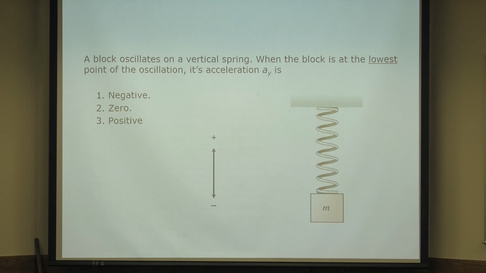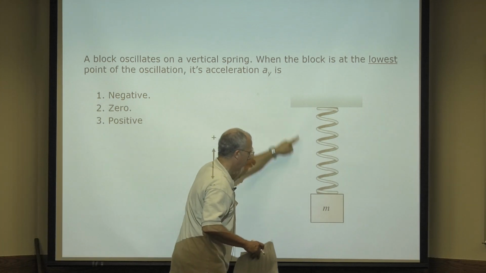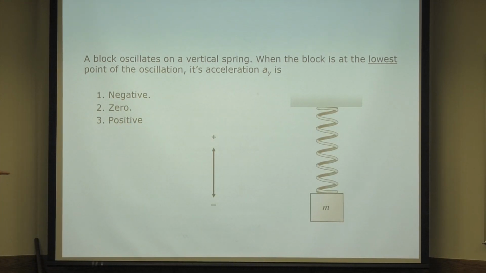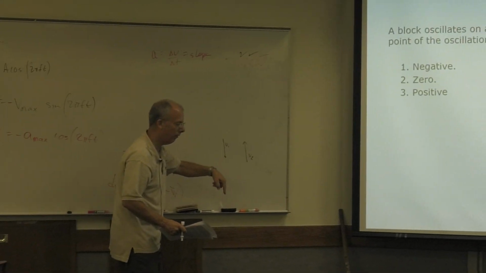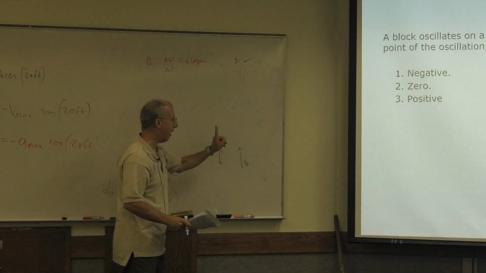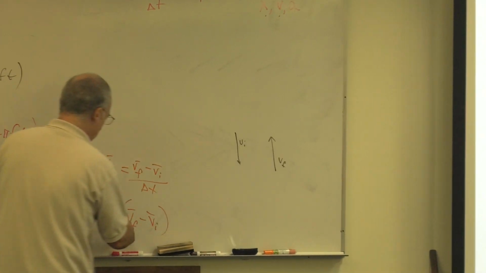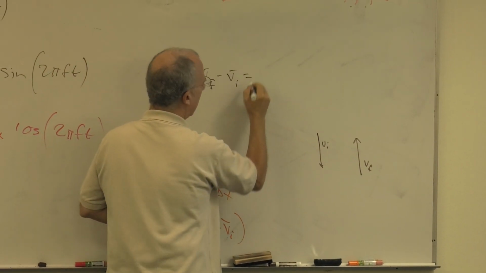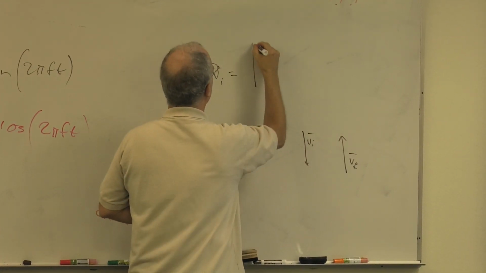All right, let's do it. So it's going like this. Right before it gets to the bottom, the v initial is like this, and then it gets to the bottom, then it goes back. So v final is like that. So v initial, or v before, and then v after. What we want is v final minus v initial.